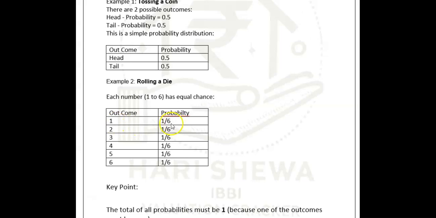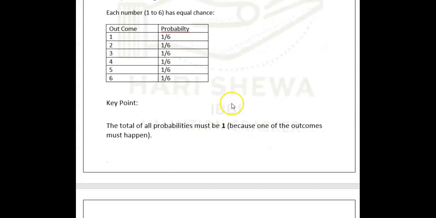So outcome one has probability 1 by 6, two 1 by 6, three 1 by 6, four 1 by 6, five 1 by 6, six 1 by 6. If you add all this, the total will come to 1. This is the probability distribution. The total of all probabilities must be 1 because one of the outcomes must happen.